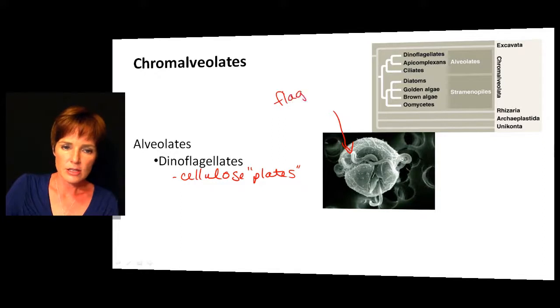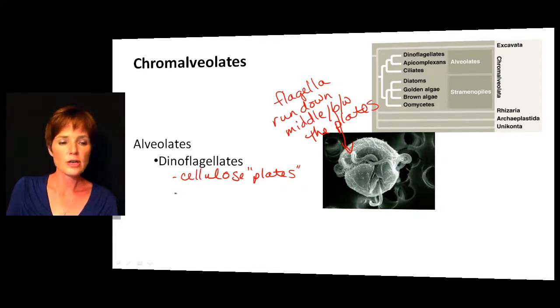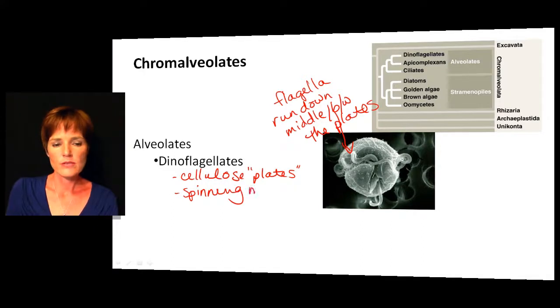They have flagella that run down the middle of or between the plates. Another thing about these dinoflagellates is that when they're moving through the water, they have a spinning movement. So that's a very unique kind of look to them.